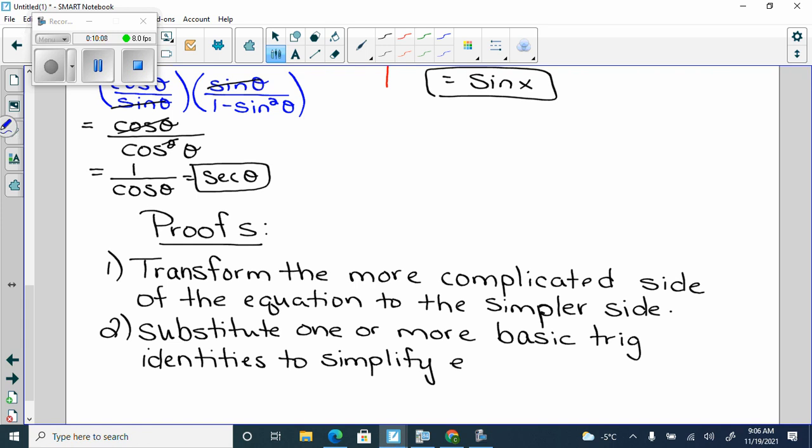What we were doing above was really just working with one side of a proof. Now we'll just work with two. Sometimes the one side's sine x. You can't do anything to it. You have to really work the whole one side to make it match the other.